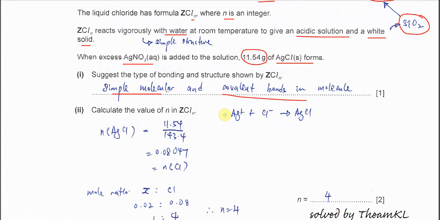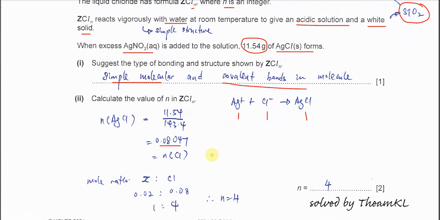The first thing that you need to do is find the moles of silver chloride. 11.54 over the molar mass, you will get 0.08 mole. And this mole is the same as the moles of chlorine or the chloride. 1 mole reacts with 1 mole to form 1 mole of AgCl.